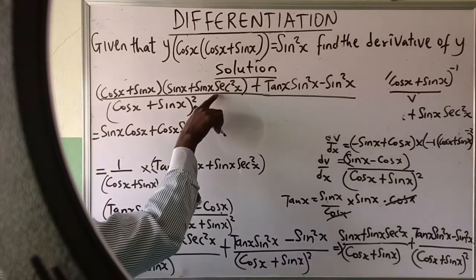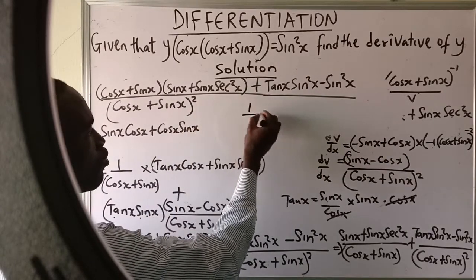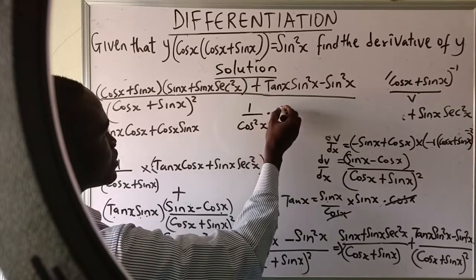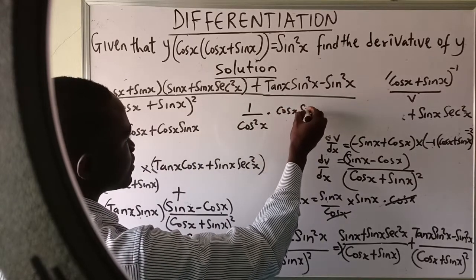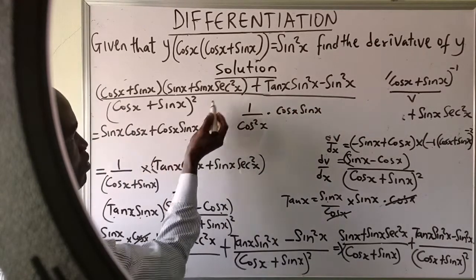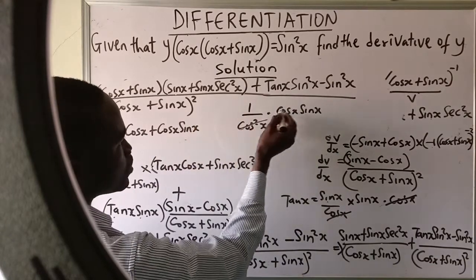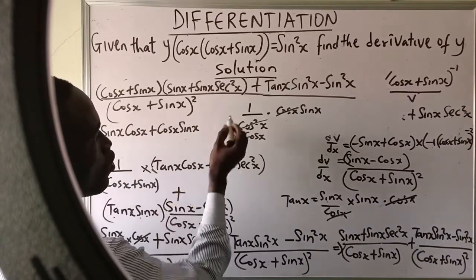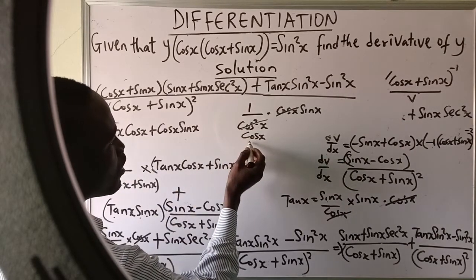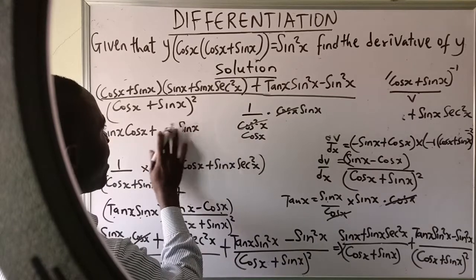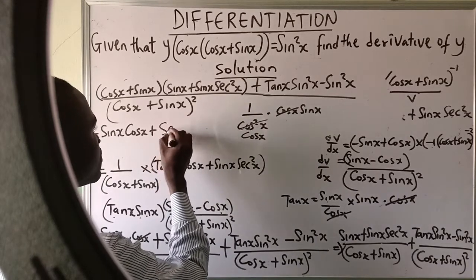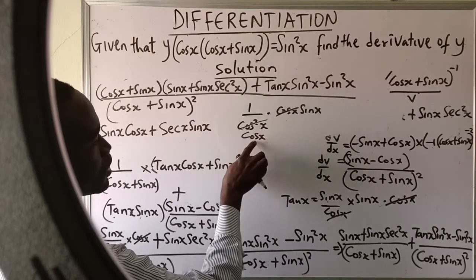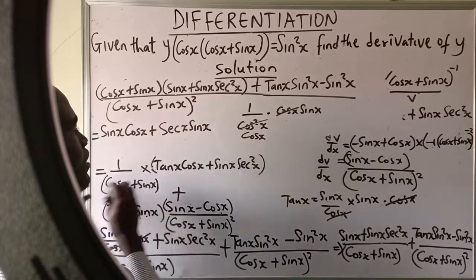Now remember that sec squared x means 1 over cos squared x. That means times cos x sin x. That means this will be multiplying to this. This will cancel to give you cos x. Okay? 1 over cos x will be giving you sec x. So you'll be having here sec x sin x, because it's remaining only cos x here.